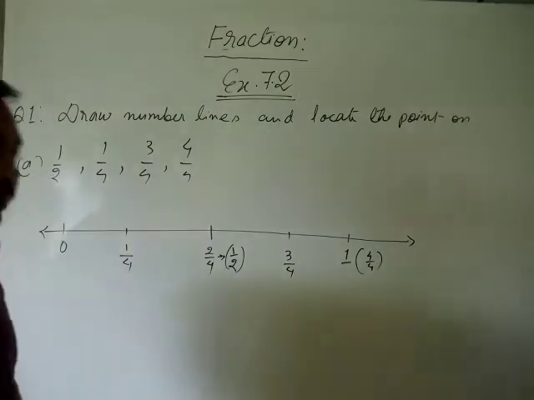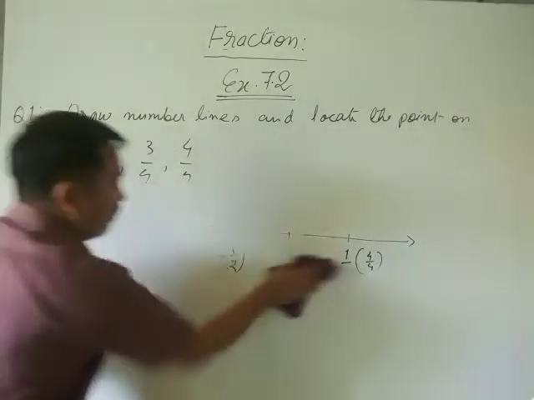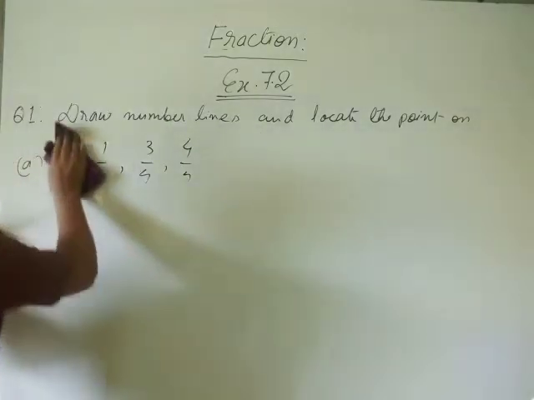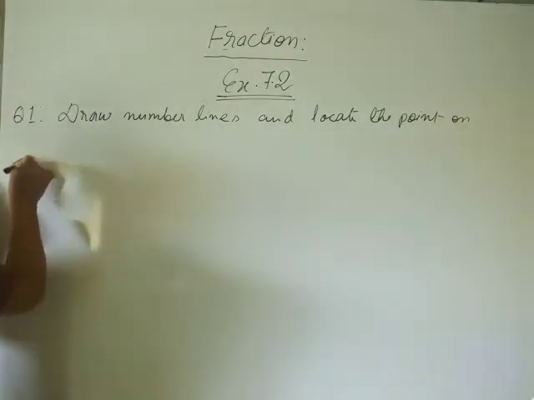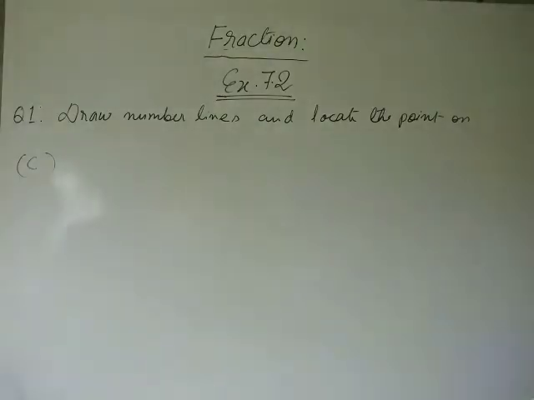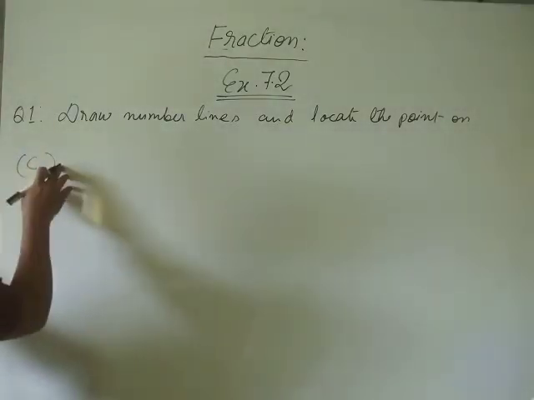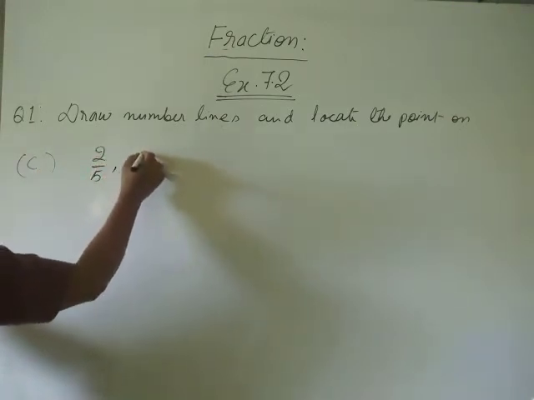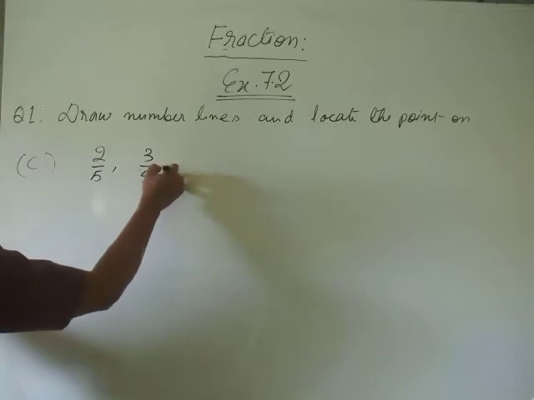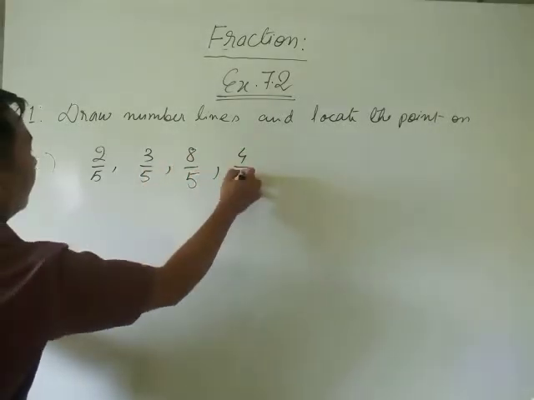Then next, number C. I will show you number C. B is yours, so you do B yourself. In C, the given points are like this: 2 by 5, 3 by 5, 8 by 5, then 4 by 5.